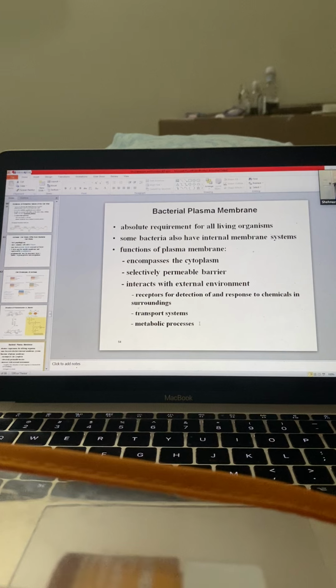In your eukaryotic cell, the electron transport chain is in the mitochondrial membrane. But in bacteria, since there are no mitochondria, the cytoplasmic membrane is where energy production occurs. So definitely, the plasma membrane is a very important component for bacterial survival.